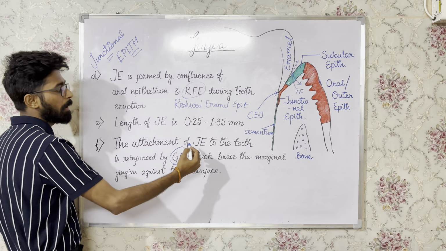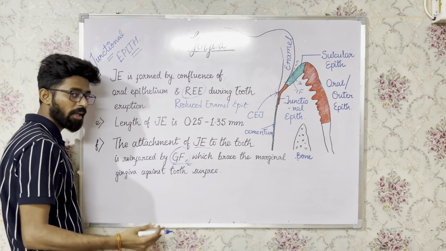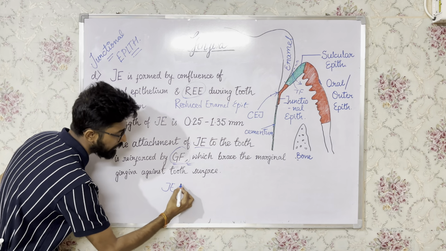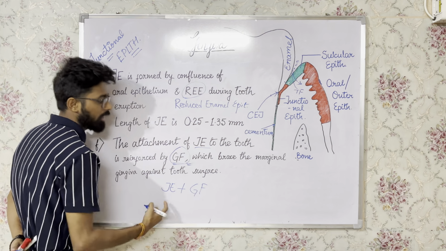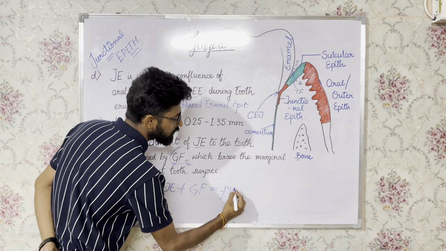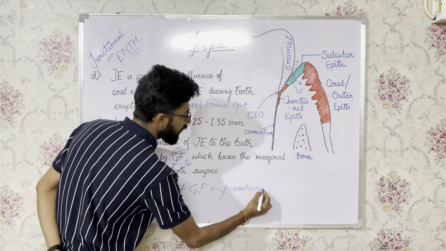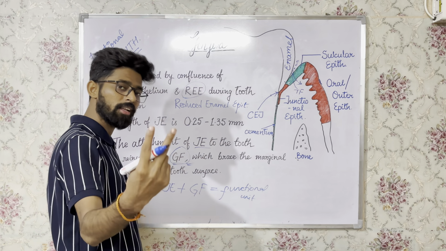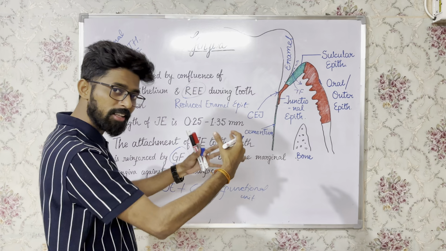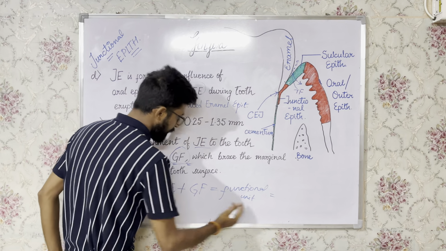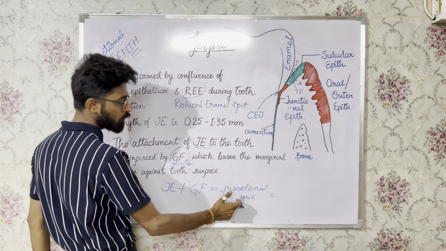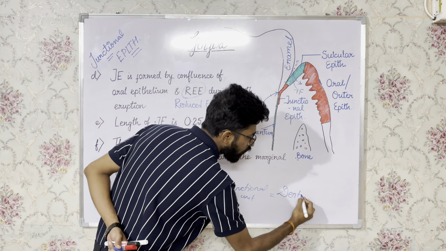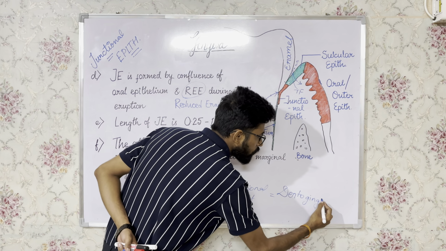For this reason, because junctional epithelium and gingival fibers together re-strengthen the bond, they are together considered as a functional unit, like two best friends who are always together in class. This functional unit is known as the dentogingival unit.